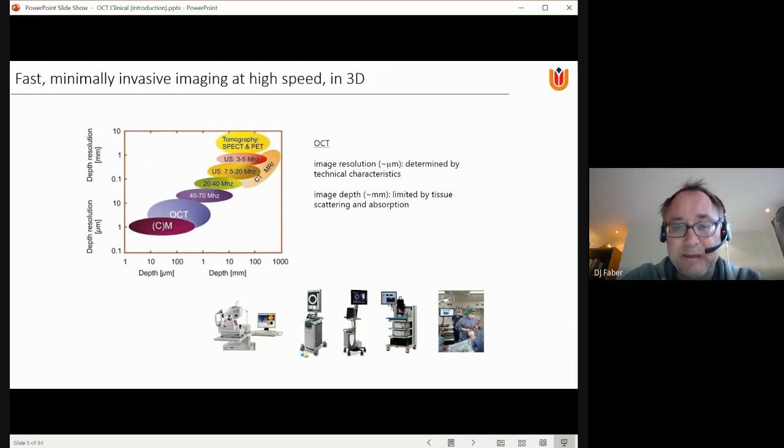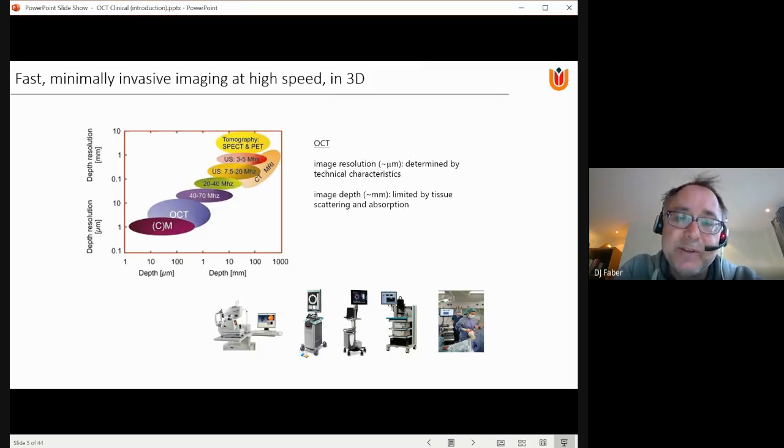There is a vast array of techniques that ranges from PET to SPECT to MRI to confocal microscopy, and OCT is somewhere on the lower left hand of this graph. So we cannot look so deep, about a millimeter to millimeters max. That's I guess the maximum depth, and then the resolution that you can get is in the order of 1 to 10 micrometers. So it fills a kind of nice niche in this whole spectrum of imaging techniques.